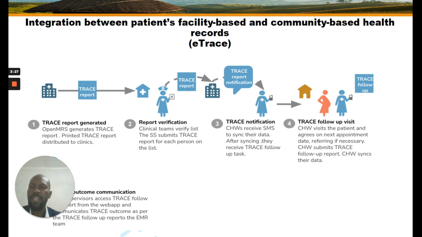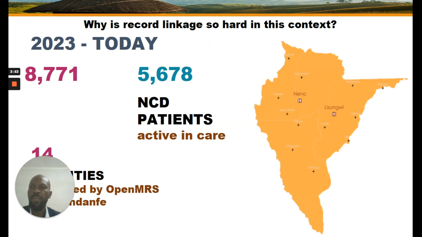So the idea was to generate automatically the report from the electronic medical record system, and for the community healthcare team to be able to receive the report where they can complete it, follow up with the patient in the community, and then submit the outcomes.